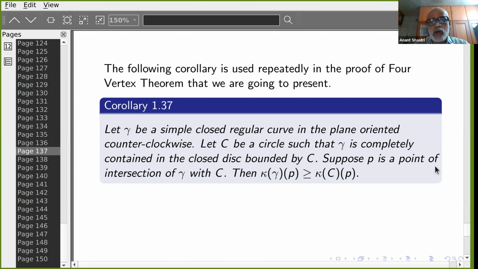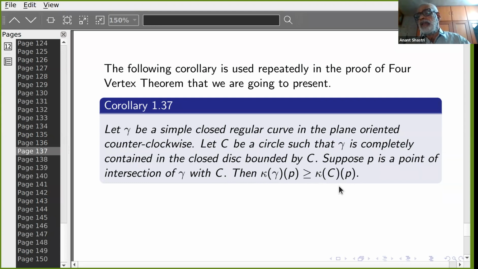Suppose P is a point of the intersection. What does this mean? At the point P, the circle touches the curve gamma. Then K gamma at P is bigger than or equal to Kc at P. Of course, Kc at P we know.